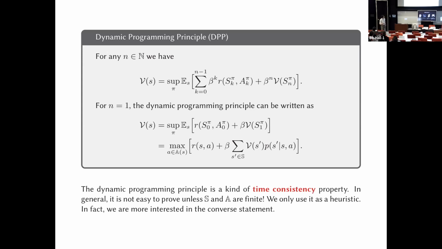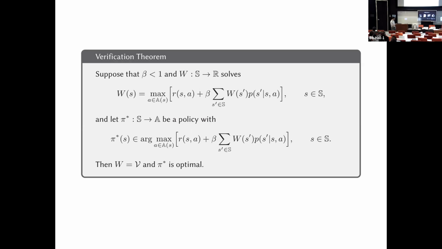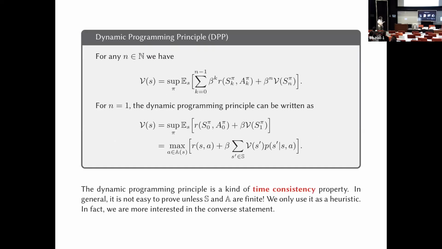So as I said, I think of it as time consistency. This is often called the dynamic programming principle. The computer scientists and economists call it the Bellman equation or Bellman optimality principle. There are many ways of phrasing this thing. I call it the dynamic programming principle. Okay, and as I said, it's easy to prove if we are in a situation where we have an optimal policy, but terribly complicated to prove if not.